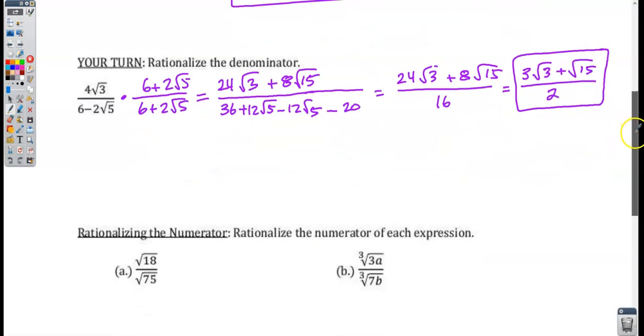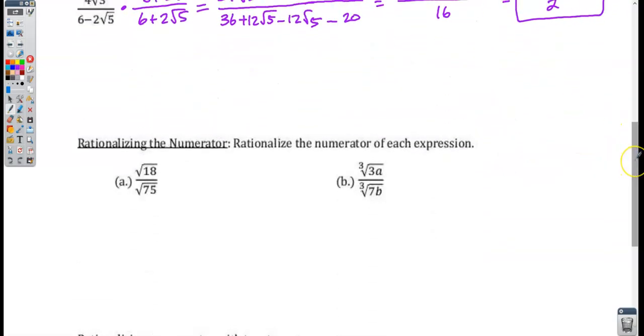There's a section of problems here called rationalizing the numerator. And realize that we can never rationalize both the numerator and the denominator simultaneously. If we have something that's unrationalized, we can only pick one of the two.